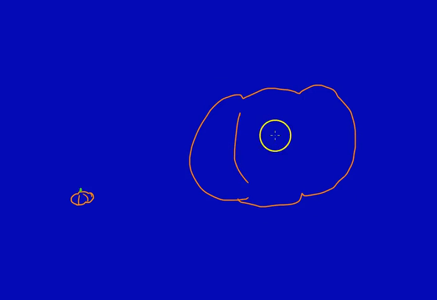So there's no multiplication or division necessary. I've got my smallest pumpkin right here. So here's my smallest pumpkin, and it's very small. And then I've got my biggest pumpkin up here, and it's very big.